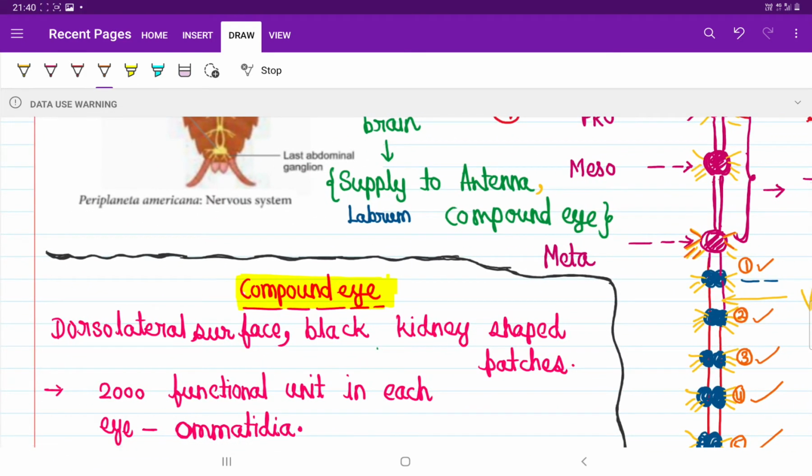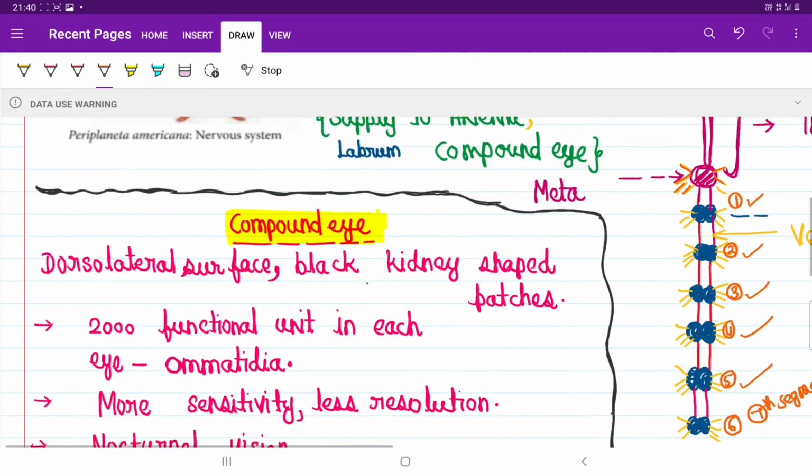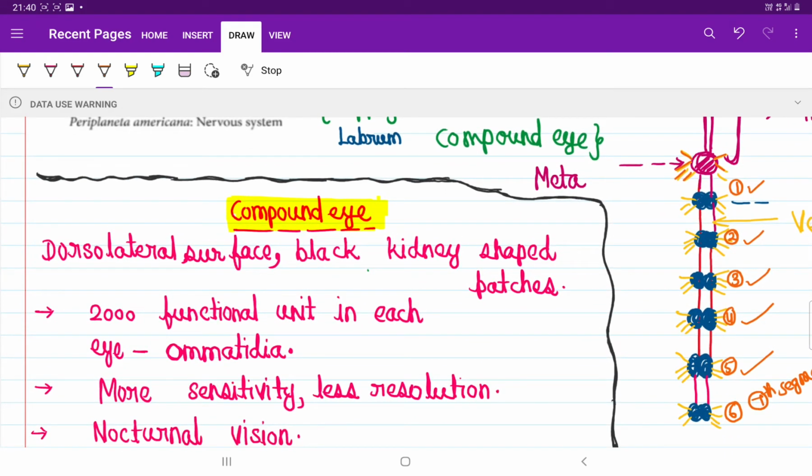Now come to the other sensory organs. They have compound eyes, which are dorsolaterally located. They are black in color and kidney shaped. Why do we call it a compound eye? Because each eye has 2000 functional units, and each functional unit is hexagonal.